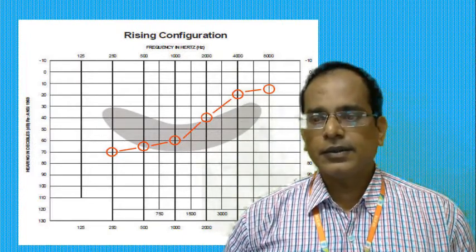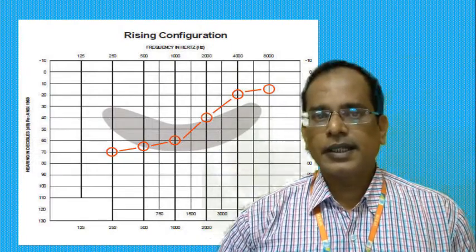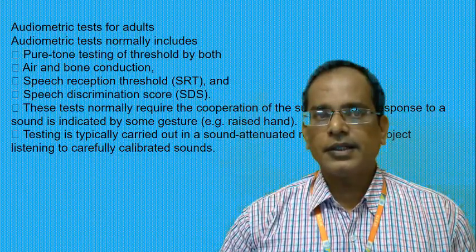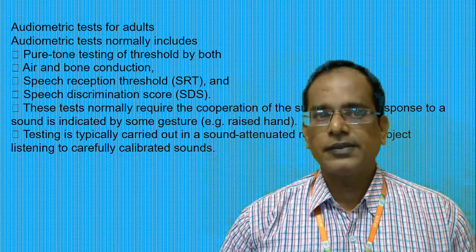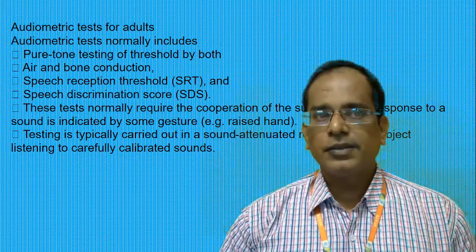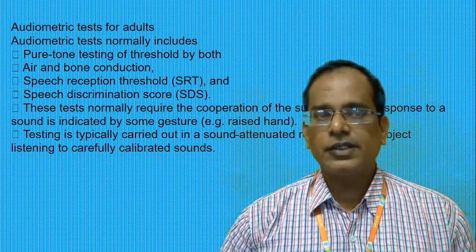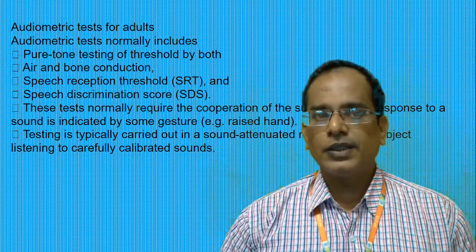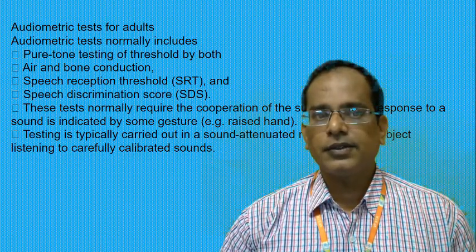So what are the types of audiometric tests for adults? Audiometric tests normally include, first, pure tone threshold tests by air conduction and by bone conduction.